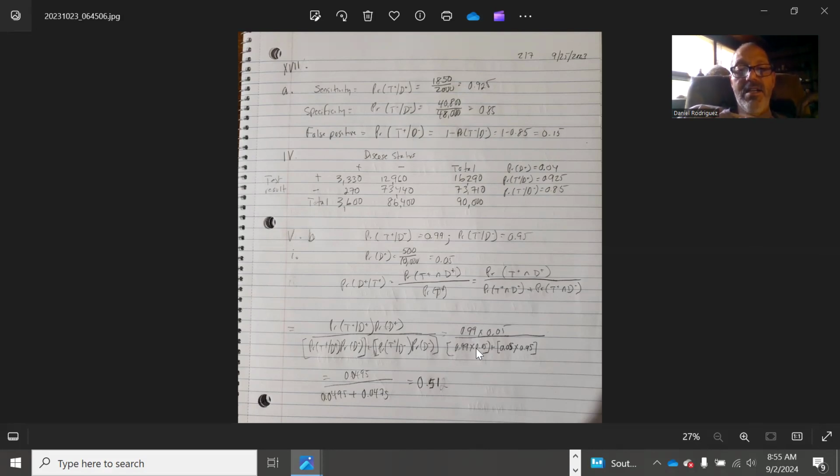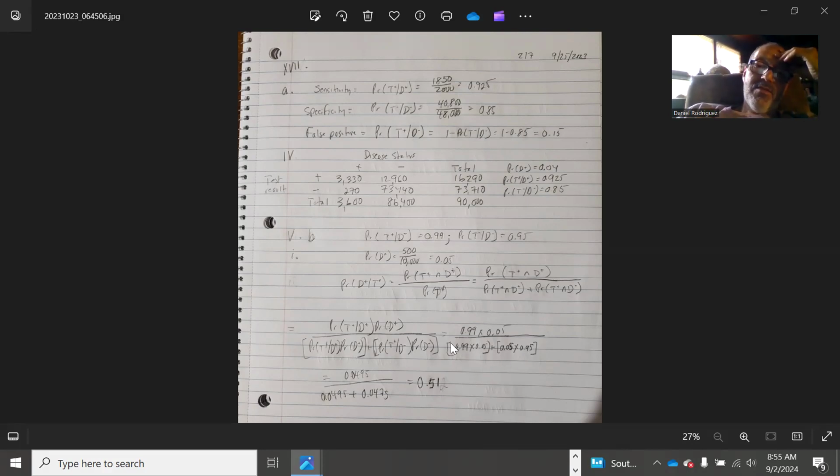So again, it's 0.99 times 0.05. Sorry for this messy writing here. The probability of testing positive given one is disease negative, also known as the false positive probability, is 0.05 because it's 1 minus the specificity. Specificity is 0.95. 1 minus 0.95 is 0.05. And finally, we know the prevalence is 0.05. 1 minus the prevalence is 0.95.